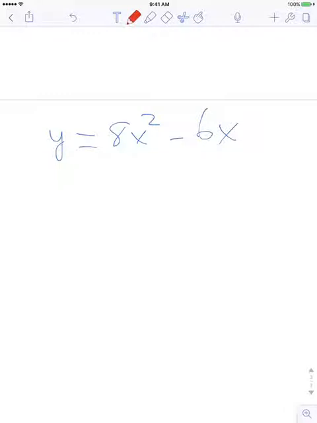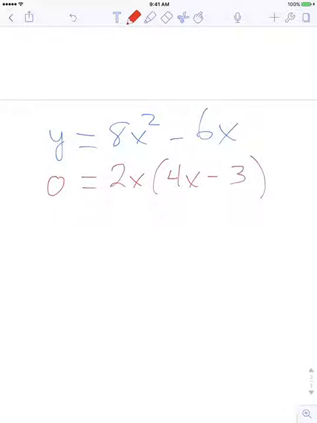So therefore, again, we want to find x-intercepts, so y value is equal to 0 is equal to, now here's our GCF, which is 2x. Now we're going to put a bracket, have a negative in the middle. We're going to divide each term by our GCF. So 8x squared divided by 2x is equal to 4x. 6x divided by 2x is equal to 3.